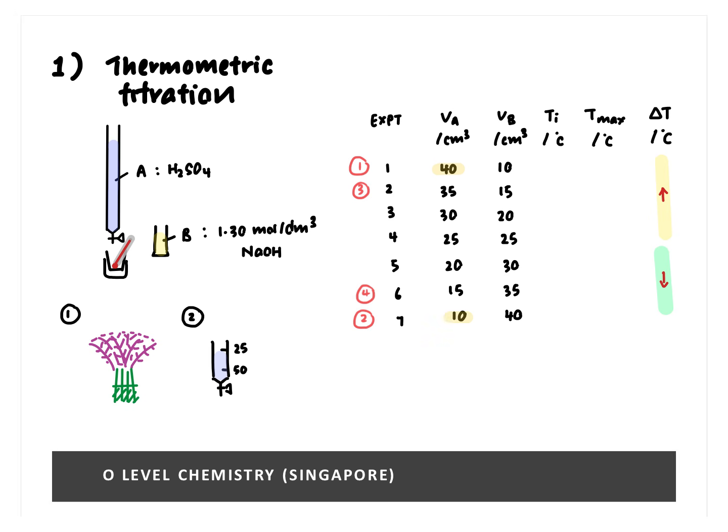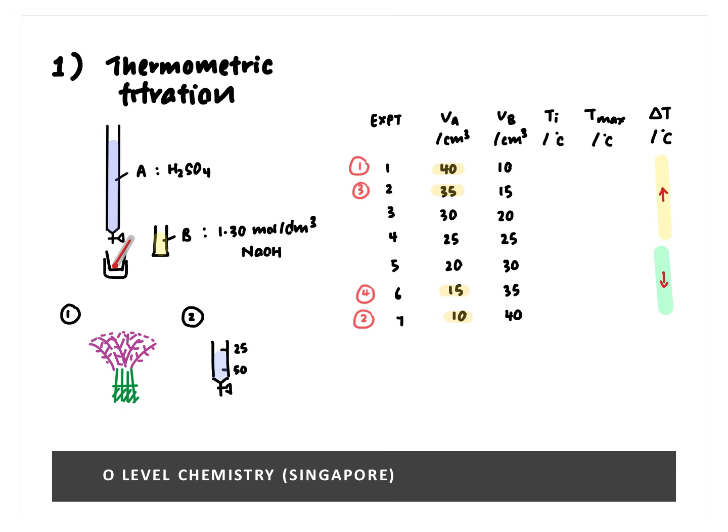Then you fill up the burette again, and for experiment 2, you would use up 35. And then you have 15 remaining where you can use for experiment 6 and so on. So by alternating the experiments 1, 7, 2, 6, 3, 5, you only need to fill up the burette 4 times, and that will cut down on the time taken for the experiment.